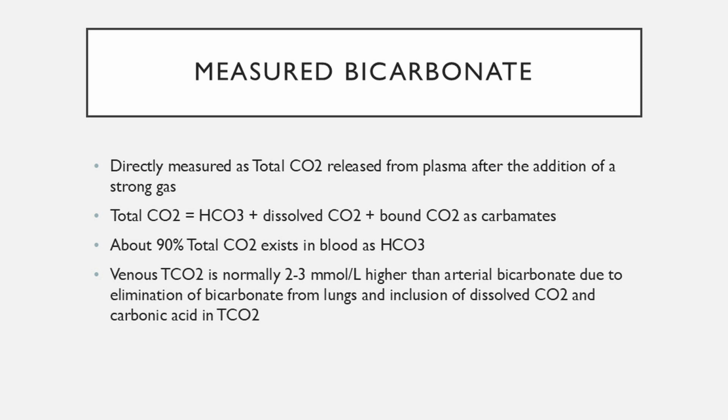So that contains not only CO2, but also bicarb and the carbamates. About 95% of that is bicarb, but not all of it. And so that venous total CO2 is usually about 2 to 3 millimoles per liter higher than the arterial bicarb, and that's not only from elimination of bicarb from the lungs, but also the inclusion of dissolved CO2 and carbamates in that value of total CO2.